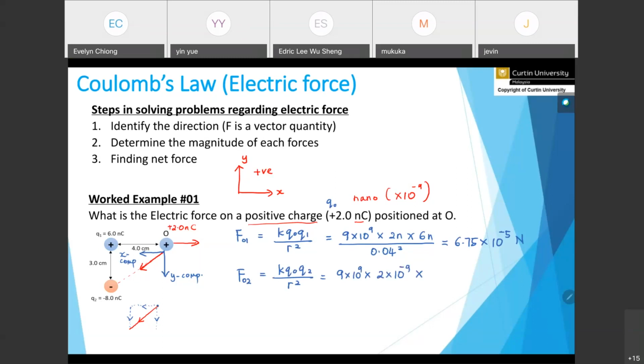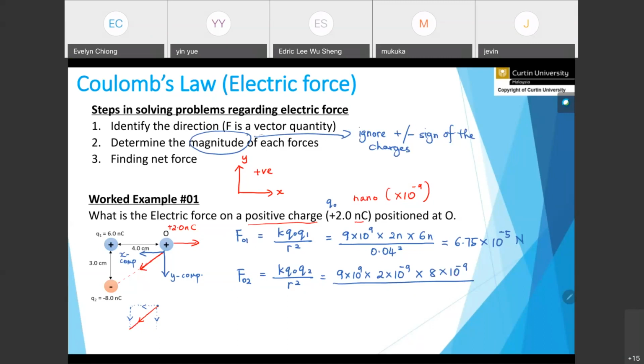When we calculate the magnitude, ignore the positive or negative sign of the charges first, because later on we are going to include it for the direction. Just calculate the magnitude. Later on, we include the positive or the negative. So this one is 8 nano.